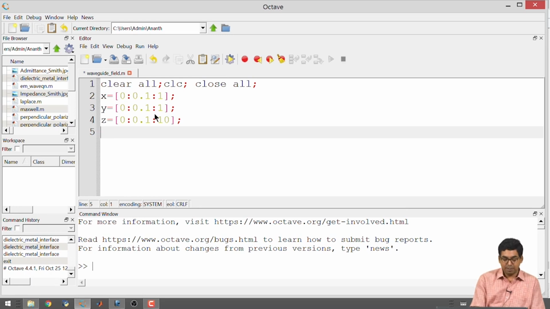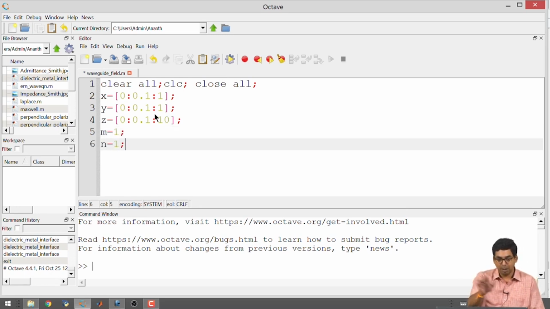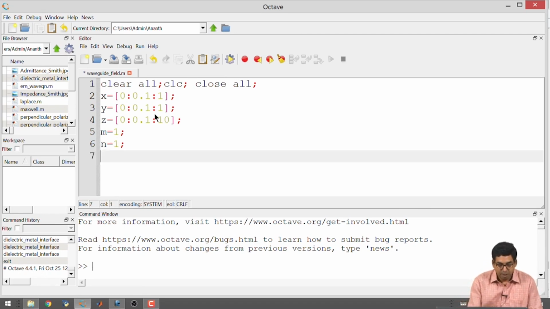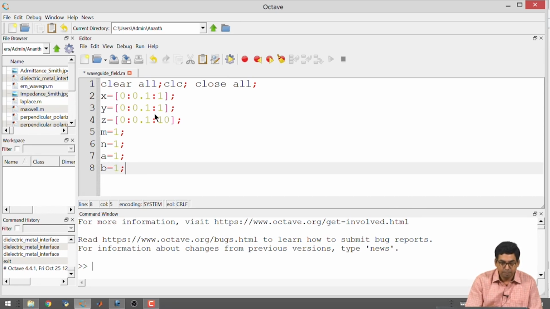Now, I am going to start with something minimal, m equal to 1, n equal to 1. So, all unknown quantities I am just taking to be 1, right. Again, my formula had some value for a and b, so a is equal to 1 according to the way I have taken x, and b is also equal to 1, right.